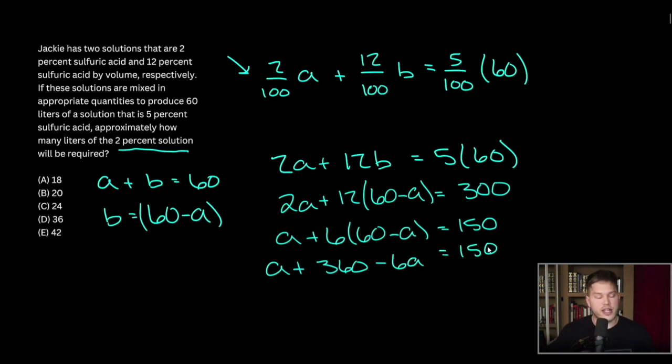Now we can combine like terms and move the 360 over. And once we do that, we're going to have negative 5a is equal to negative 210. And then we can divide by negative 5 to have that a is equal to 42.